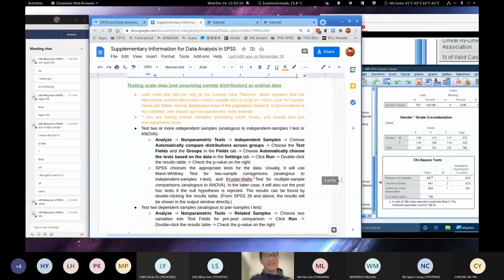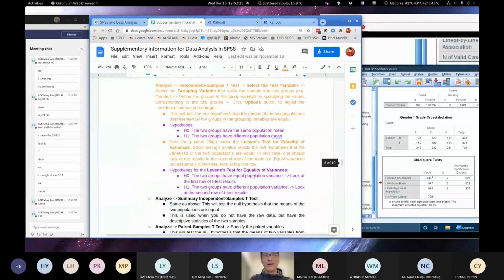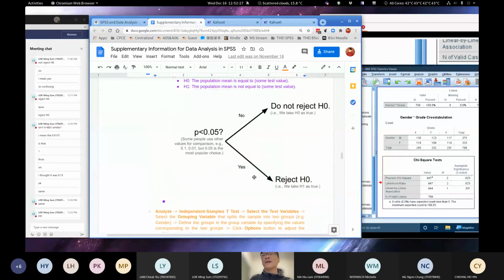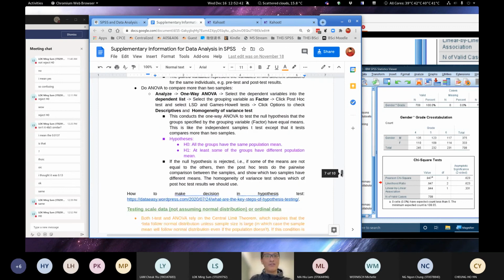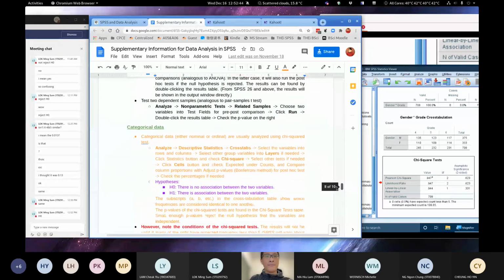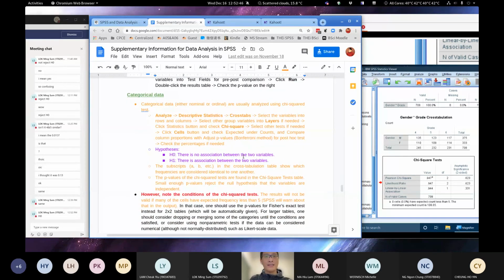Because you look at this tree again, just in case you are not already familiar with it, 0.623 is not smaller than 0.05. So we go to the upper branch, and the conclusion is do not reject H0. It means that we regard H0 to be true. So the conclusion is that there is no association between the two variables.